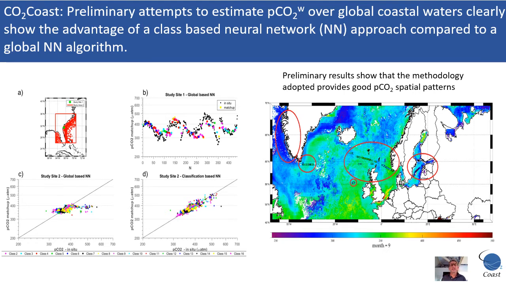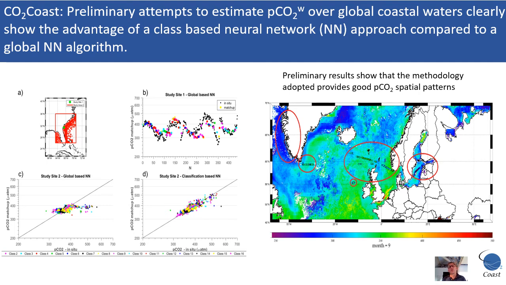Preliminary attempts to estimate pCO2 over global coastal waters clearly show the advantage of a class-based neural network approach compared to a global network algorithm. This is shown here on the validation exercise over the eastern coast of the US, using the global neural network, and here the global classification-based neural network, which allows us to recover many more data points.